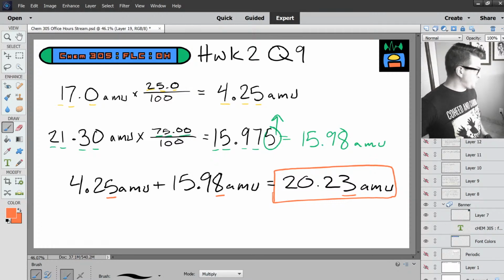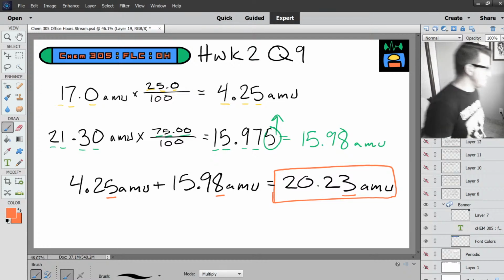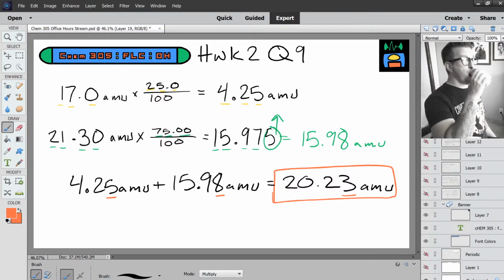And I just checked to make sure that's what I have it marked as on the quiz, and it is. So 20.23 is the answer to number 9.